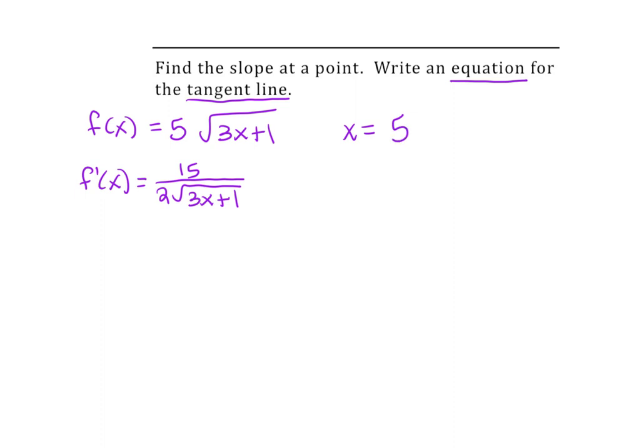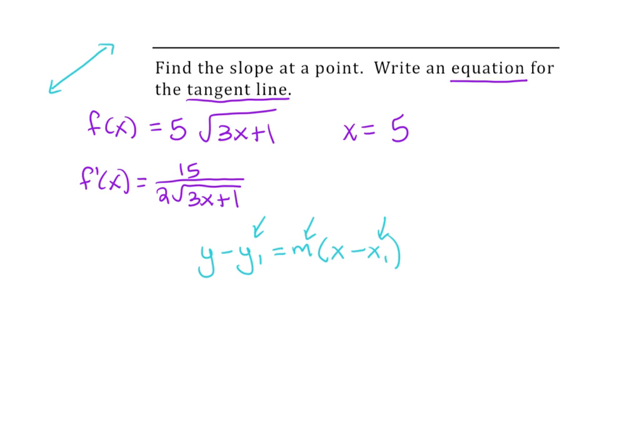Okay, so how do we write an equation of a tangent line? A tangent line is like a linear function, and we can use point slope form. Y minus y1 equals m times x minus x1. But how do we get all of our numbers?